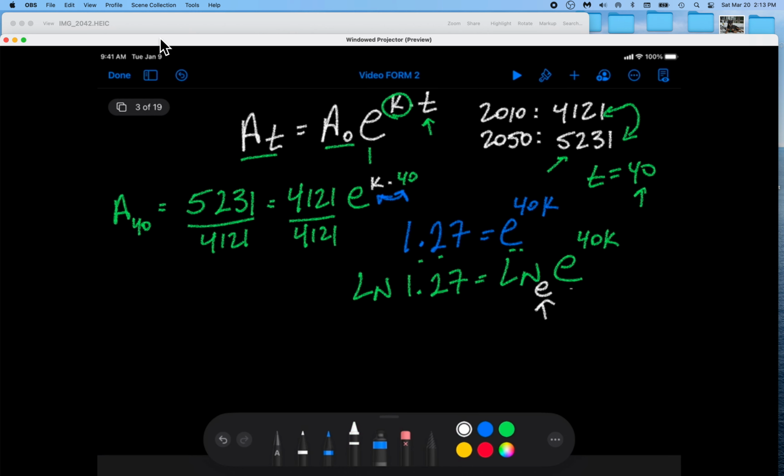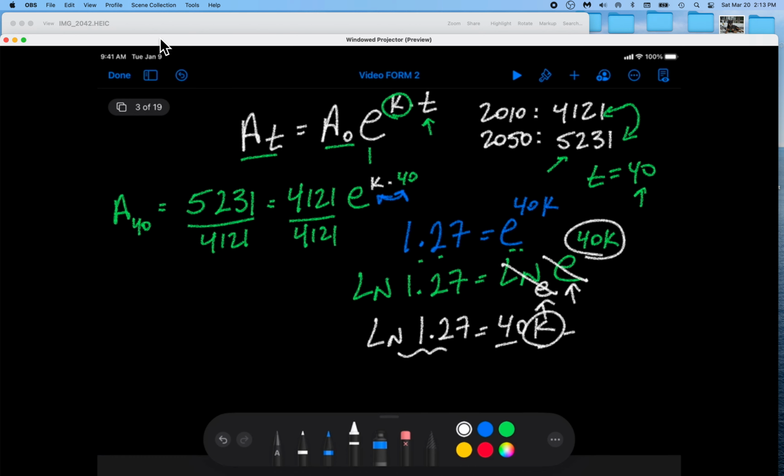Whenever the base of the log matches the base of the argument, you can cancel them. We're left with the exponent. You have natural log of 1.27, very calculator friendly, equals 40k. You punch this in, you divide by 40, and you get your k. And k is going to equal 0.006.